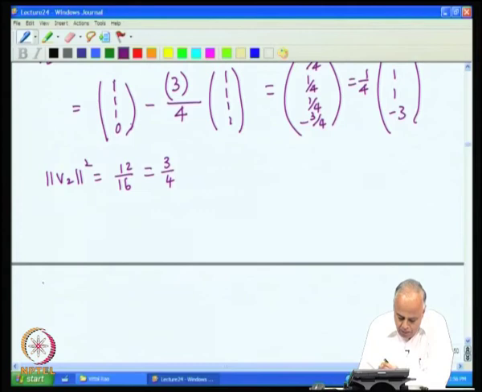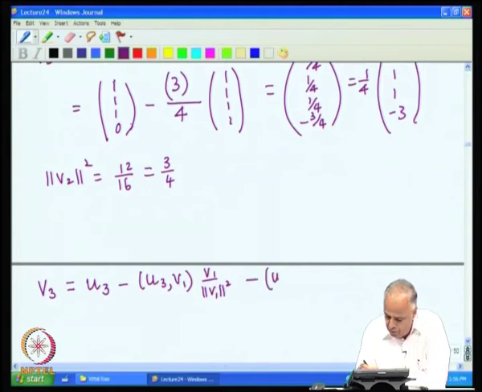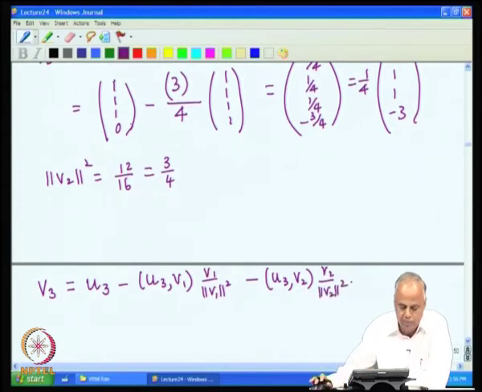The next one is to calculate V 3. How do we calculate V 3? From U 3, we must subtract V 1 information and also V 2 information, that is the projections basically.